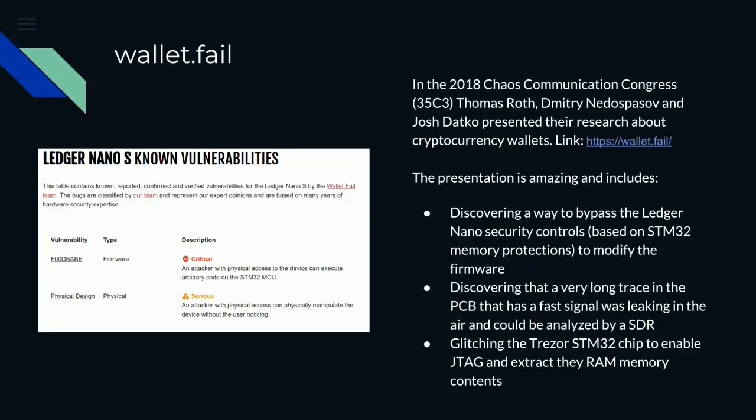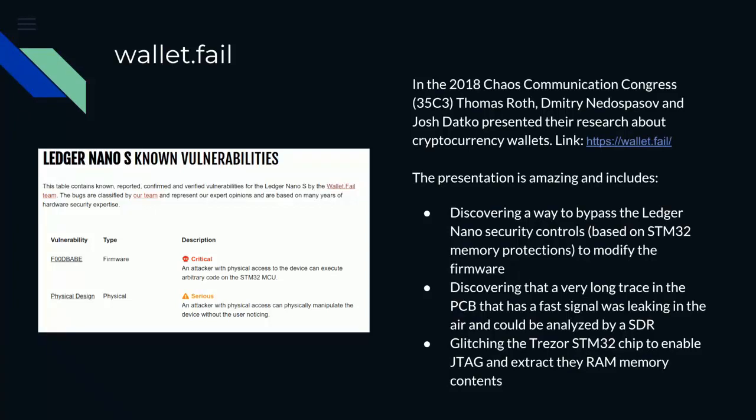That's mapped to the flash. But it turns out that the model of STM32 device they are running also has a lower memory address that is not protected, and it's also mapped to the flash. So by accessing this other memory that's not protected on the STM32, they were able to modify the firmware and put their own software on it.